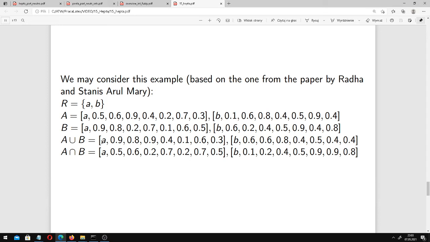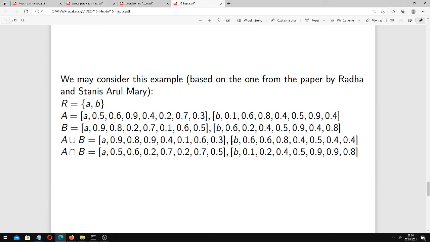For example, in case of union for small a, we have maximum of 0.5 and 0.9, that is 0.9, maximum of 0.6 and 0.8, that is 0.8, maximum of 0.2 and 0.9, that is 0.9, and then we have minimum of, for example, 0.4 and 0.7 is 0.4, 0.2 and 0.1 is 0.1, 0.7 and 0.6 is 0.6, 0.3 and 0.5 is 0.3.